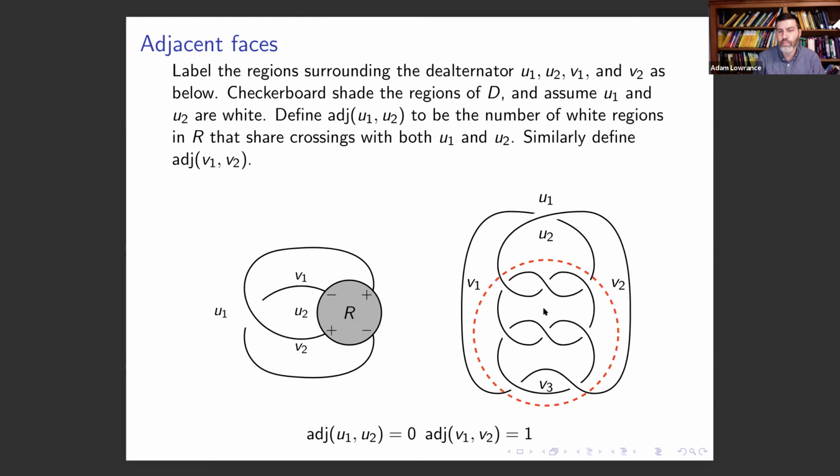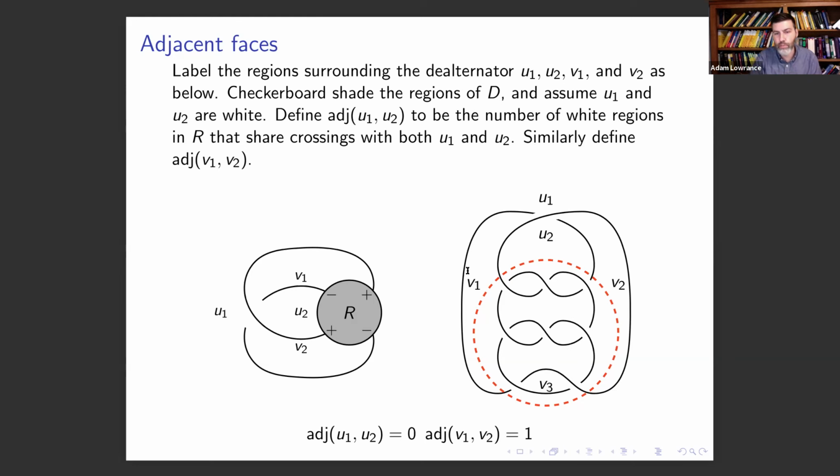If you form a checkerboard graph, you're looking for vertices that have U1 and U2 as neighbors in the checkerboard graph at the same time. So in this one, the adjacency between U1 and U2 is 0.